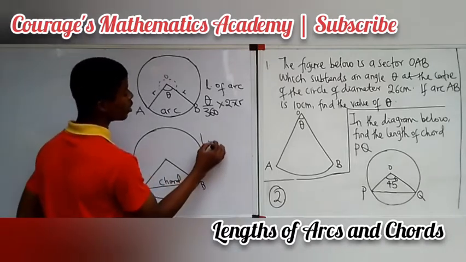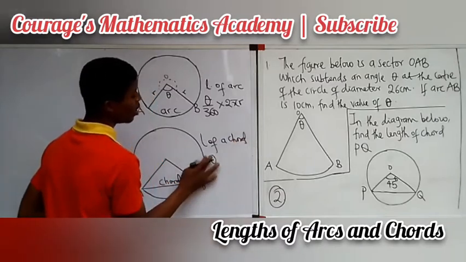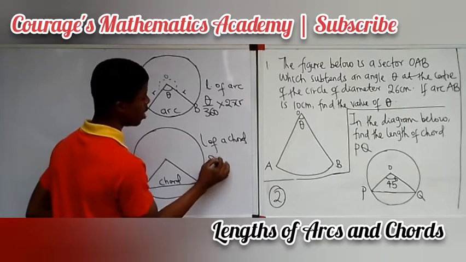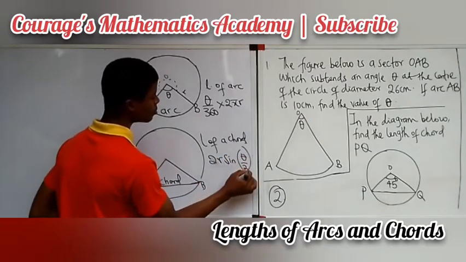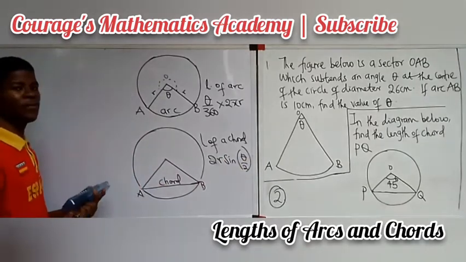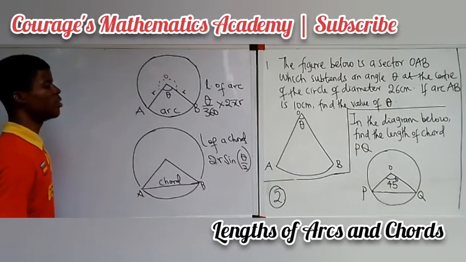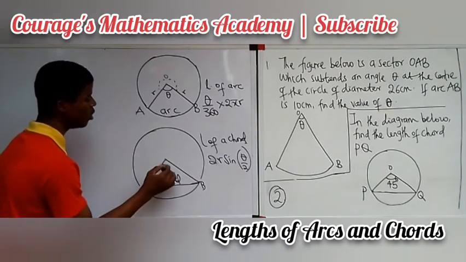And the length of a chord is given by 2r sine of theta over what? 2. So this is the formula for length of a chord: 2r, where r is the radius, sine theta over 2. Theta is the angle subtended at the center of the circle.